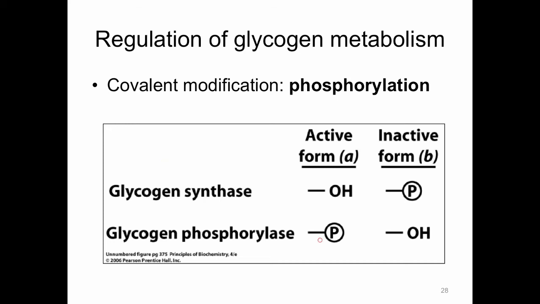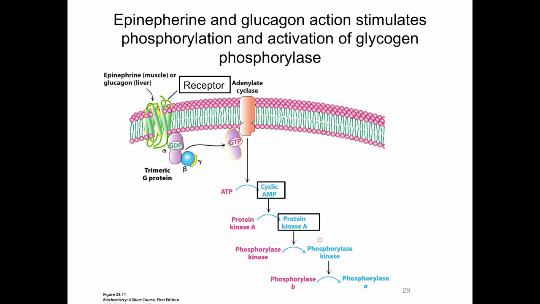For glycogen synthase, which is involved in glycogen synthesis, phosphorylation inactivates the enzyme, whereas phosphorylation activates glycogen phosphorylase, which is involved in glycogenolysis.